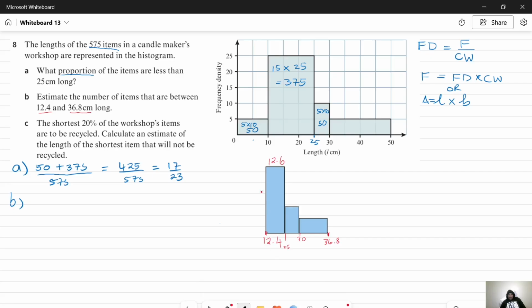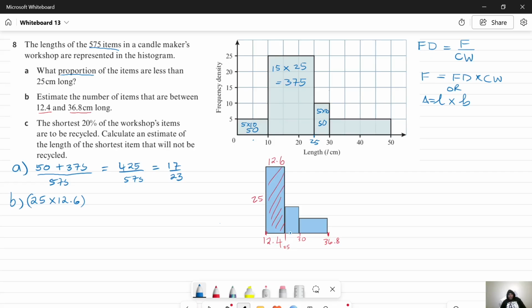And of course the frequency density, as you see here, is 25. So for this first bar, the number of items will be 25 times 12.6, and that gives me the first class from 12.4 until 25.